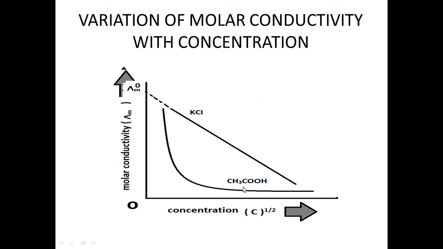So for calculation of the limiting molar conductivity of a weak electrolyte, we use Kohlrausch's law, which we include in our next lecture. So this graph represents the variation of molar conductivity with concentration.